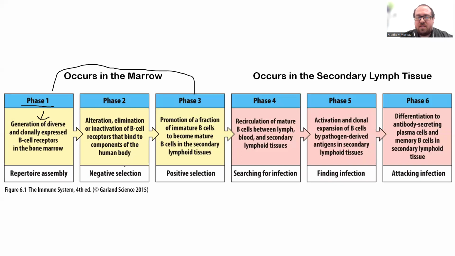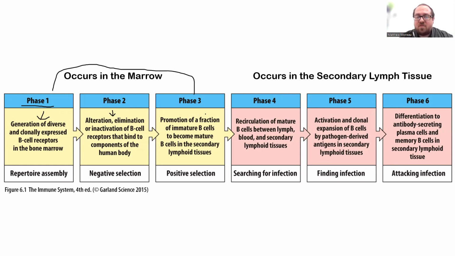The second stage is negative selection. So this is inactivation or elimination of B cells that effectively bind to components of the human body. Again, this is part of central tolerance of the B cell. Again, it's not going to be as extensive as we see with the T cells, but it is a really important function of development.